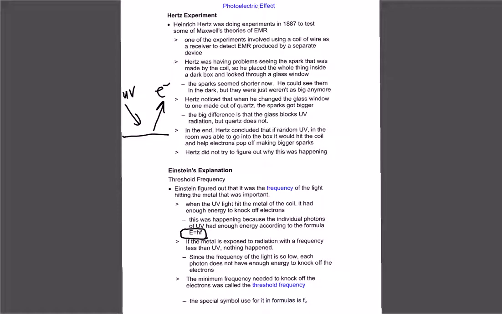And if it has enough energy, the electron would leave. So he said the key to this is having the right frequency. He said the threshold frequency, which we symbolize as f0, is the key. Depending on what the metal is, it might have a different frequency than some other sort of metal.